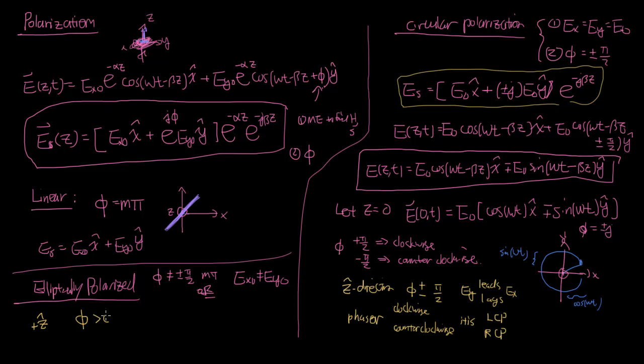But if phi is greater than 0, that means that EY leads EX, and in that case, it's left-hand elliptically polarized. And similarly, if phi is less than 0, then that means that EY lags EX, and it's going to be right-hand elliptically polarized.